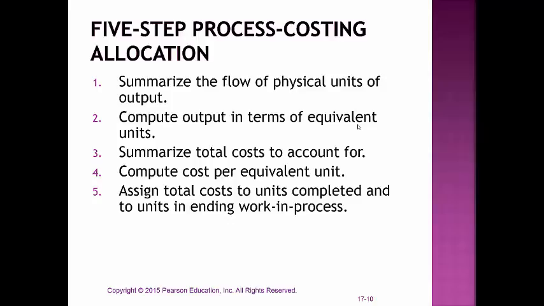Equivalent units is a number that we calculate, and basically we take the quantity of the inputs into the production process, and we calculate or convert that quantity of input into an amount of completed output units that could have been made with that quantity of input.